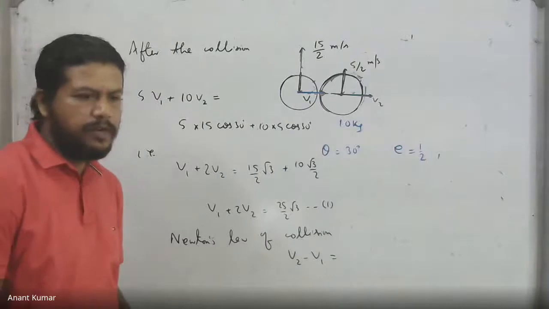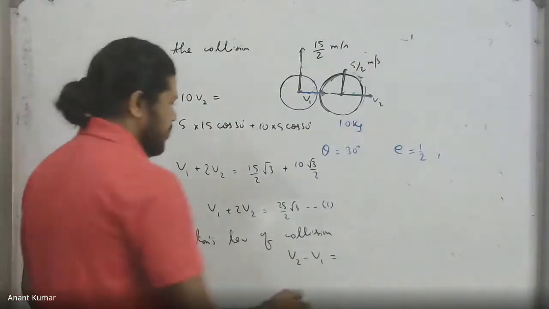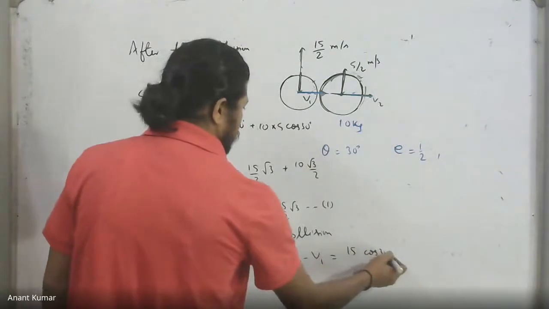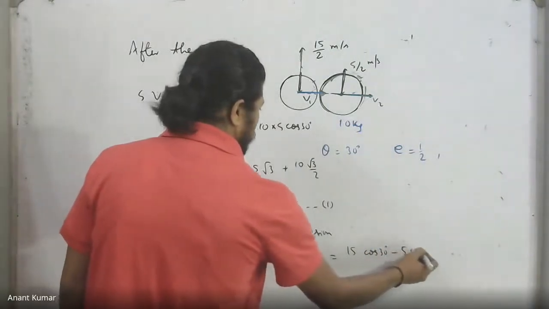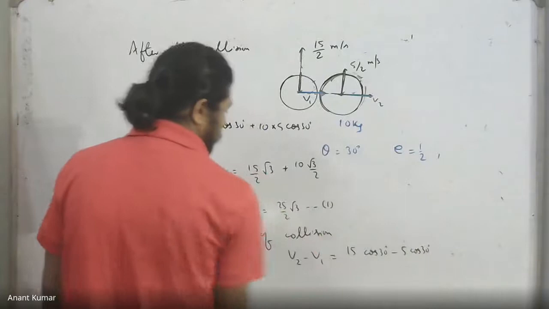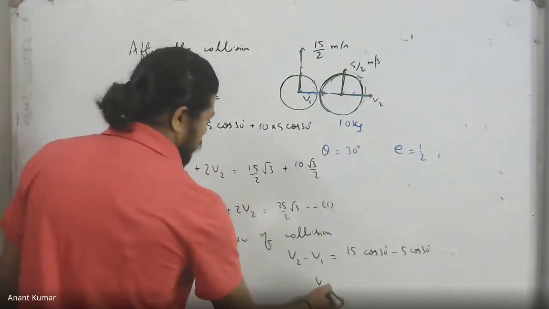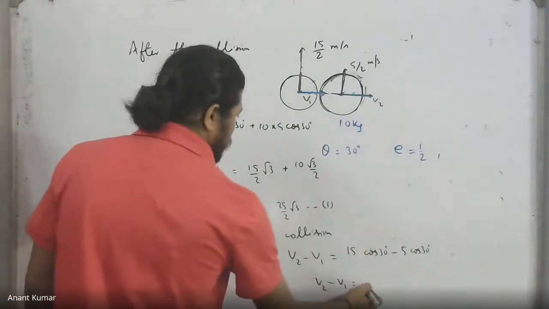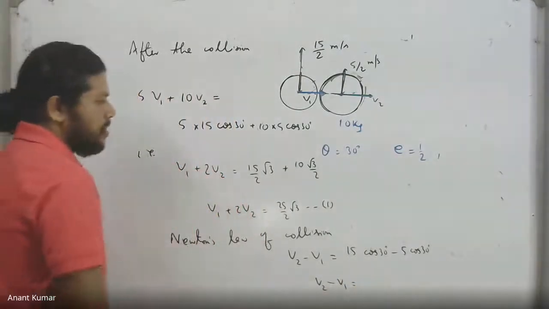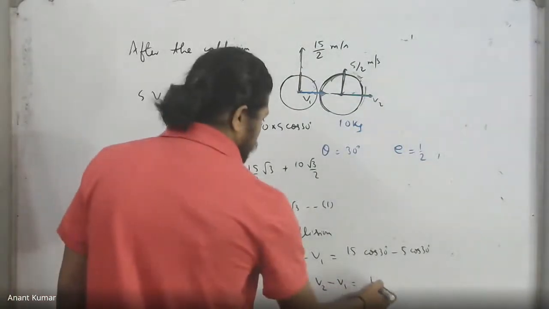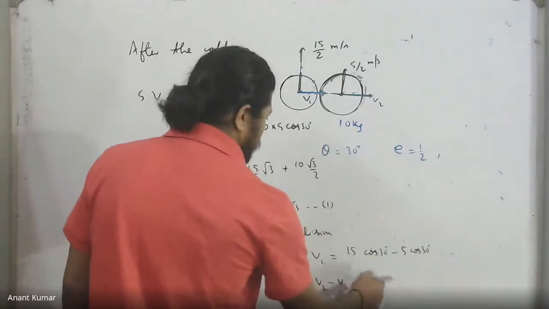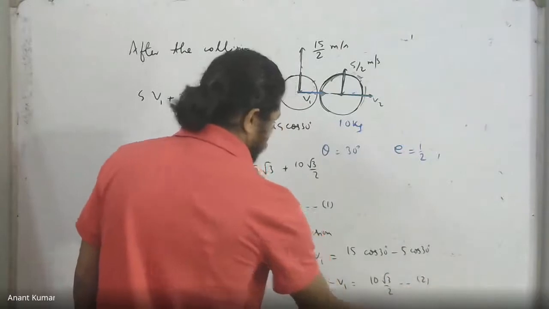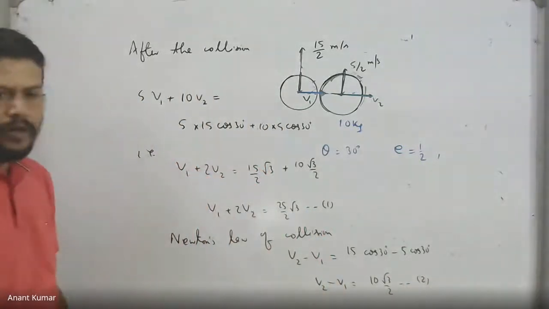So the approach speed becomes 15 cos 30 degrees minus 5 cos 30 degrees. That gives us V2 minus V1 equal to 10 cos 30 degrees, which is 10 root 3 by 2, that is 5 root 3 basically. That is the second equation I've got.